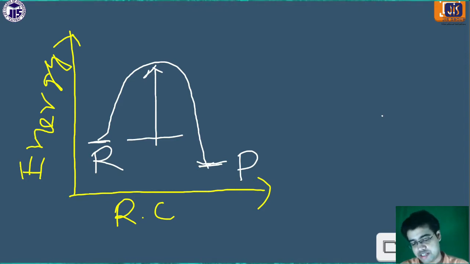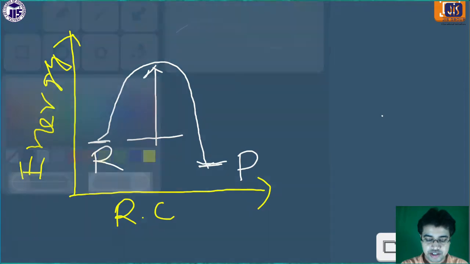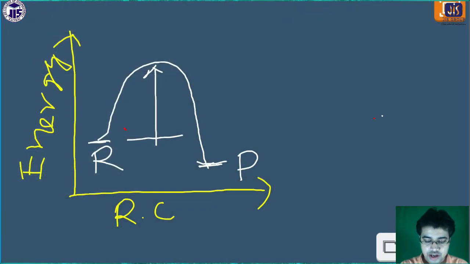The reactant is here but the product is here. So delta H equals H of product minus H of reactant.